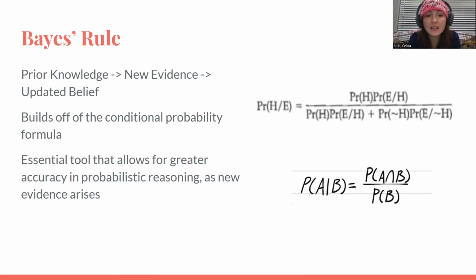It is an essential tool that allows for greater accuracy in probabilistic reasoning as new evidence arises. So essentially, Bayes' rule answers the question: do the premises make the conclusion more or less likely, and how much more or less likely does it make it?